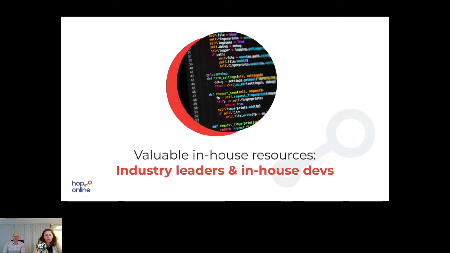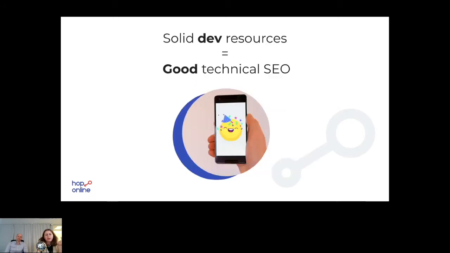The other advantage of SaaS companies is that they have valuable in-house resources. And here we mean two things. One thing is the dev resource. Usually when you can rely on good developers, this means that your technical SEO is going to get covered. As I mentioned earlier, technical SEO for smaller websites usually doesn't take that many resources.